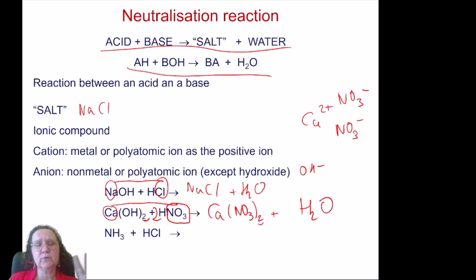When you look at how many hydrogens and oxygens you've got, you end up with 2 hydrogens from the nitric acid and 2 hydrogens from the calcium hydroxide. That's 4 hydrogens, so you need to put a 2 here. And these 2 also account for these 2 oxygens, the only ones that were not balanced. So that's how it looks. You will make calcium nitrate, you liberate 2 molecules of water, and the ratio is 1 calcium hydroxide reacting with 2 nitric acid.